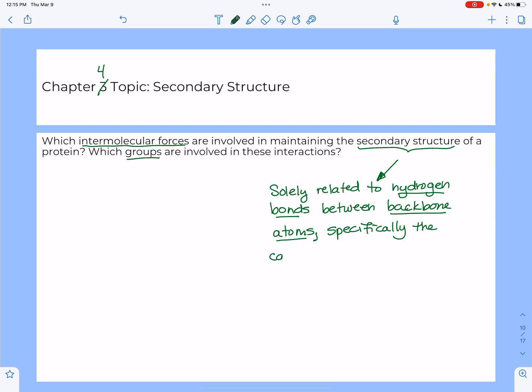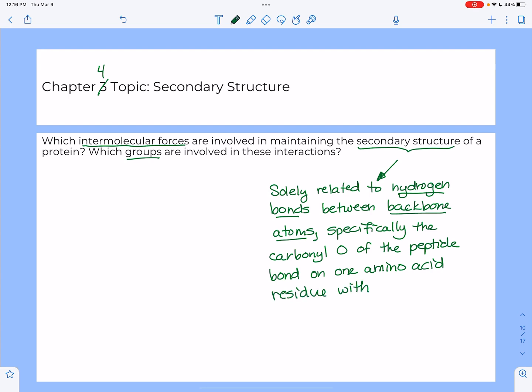The carbonyl oxygen of the peptide bond on one amino acid residue with the hydrogen attached to the nitrogen of the amide bond on another amino acid residue.